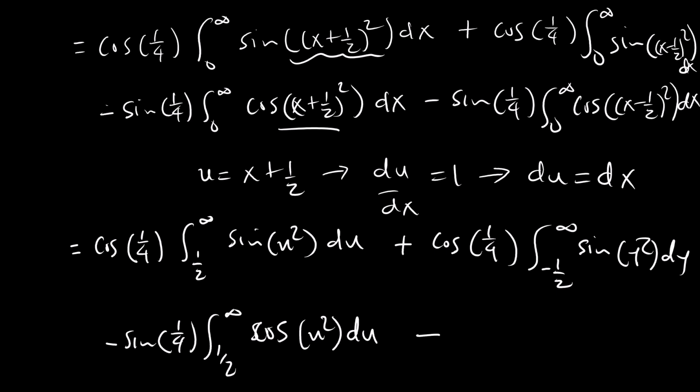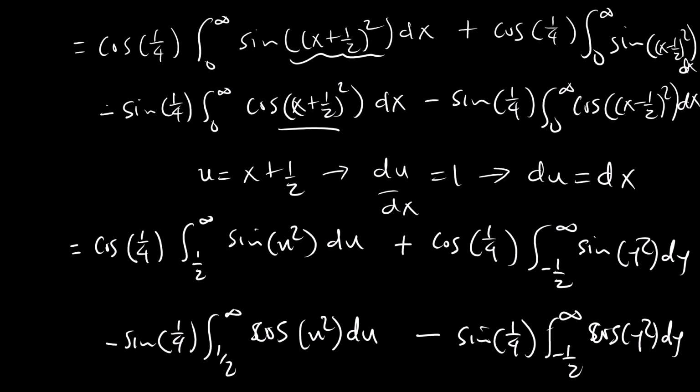And here we have sine of a quarter times the integral from negative a half to 0 of cosine of y squared. And we see that since these are even functions, symmetrical about 0, the value of the function from negative a half to 0 is the same as from 0 to a half.